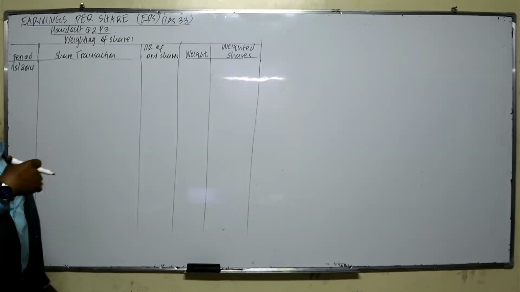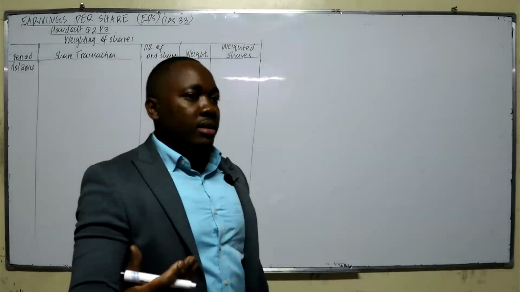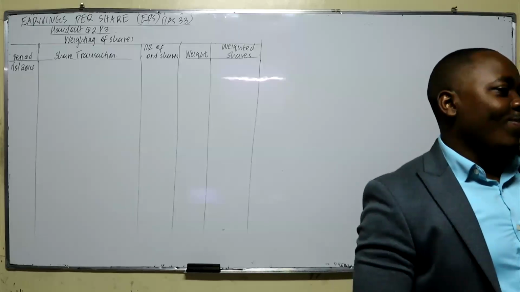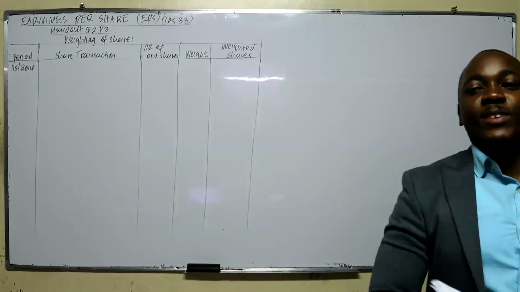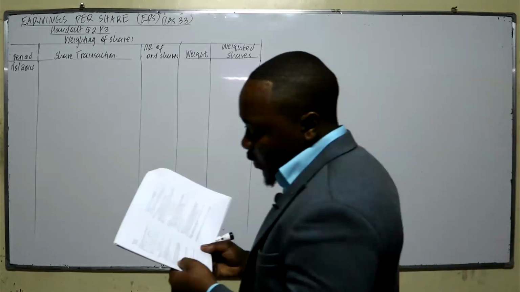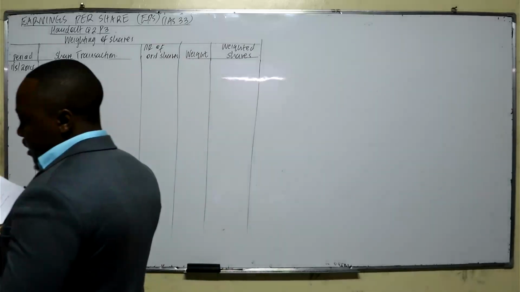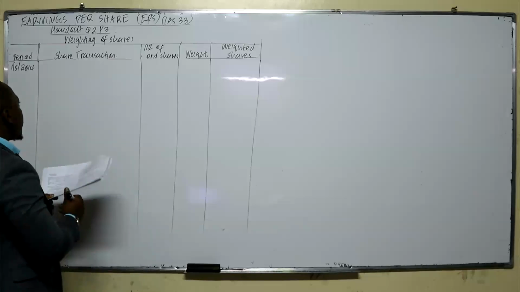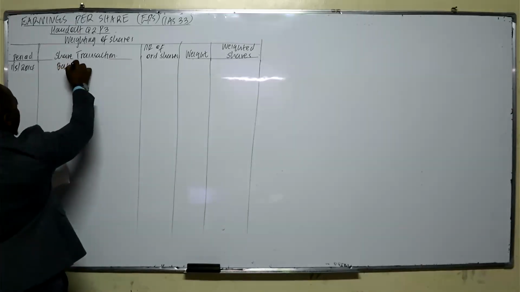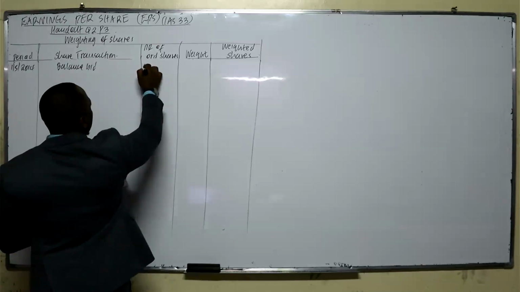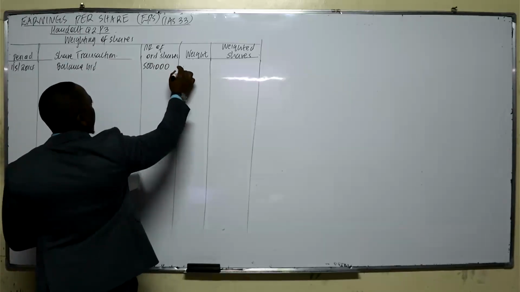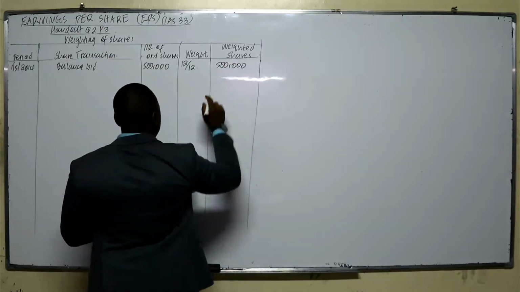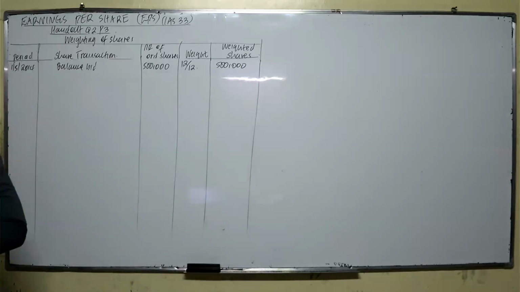Now, if the year starts on 1st of May, that means the year will end on 30th of April, correct. So on 1st of May 2014, A Limited had been issued 500,000 ordinary shares of 10 shillings par value. So the balance brought down, they had issued 500,000 shares. Weight is 12 out of 12, 500,000.